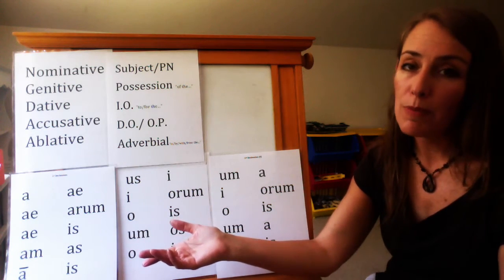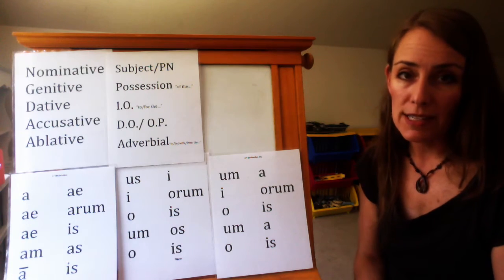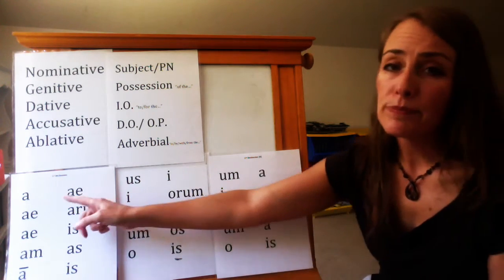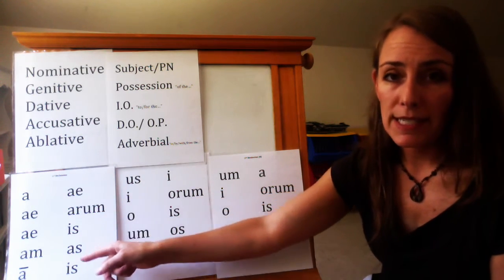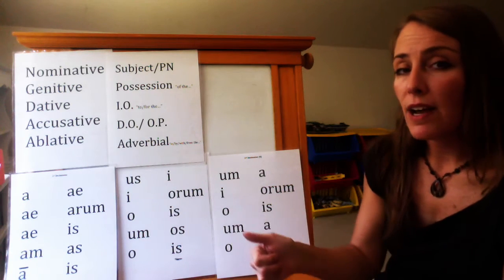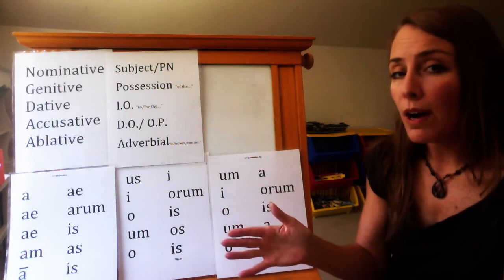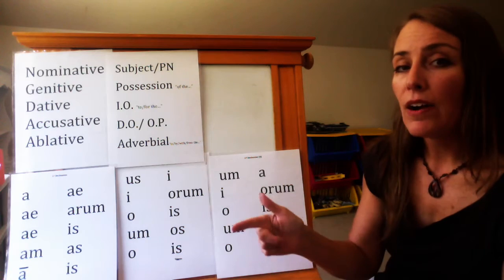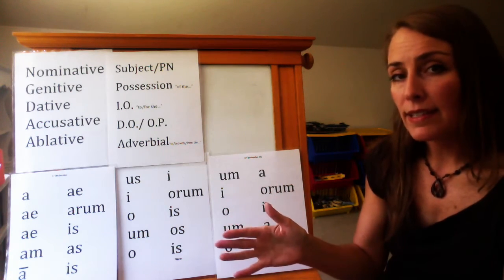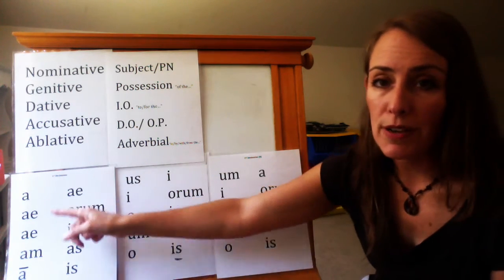So we'll need to memorize all of the declension endings. First declension endings here, so you'll memorize ae, ae, arum, is, as, is. So that's first declension. Make sure you have those memorized.